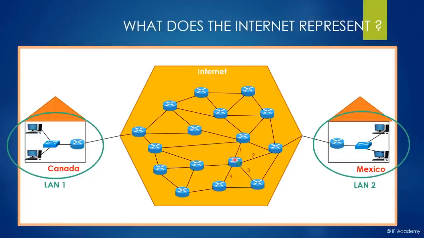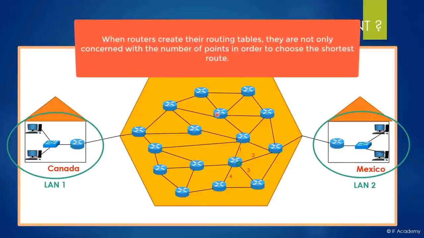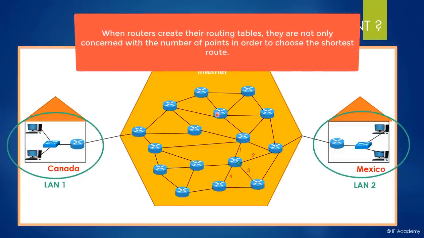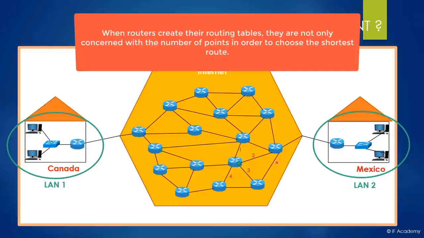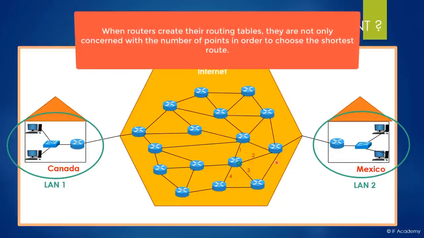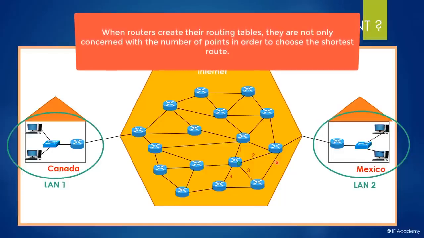Routers have to take into account many situations when they are creating routing tables. For example, let's call every router a point in this structure, okay? So, when routers create their routing tables, they are not only concerned with the number of points when choosing the shortest route to the destination. This is really very important, and I want to give an example to help you understand this subject better.